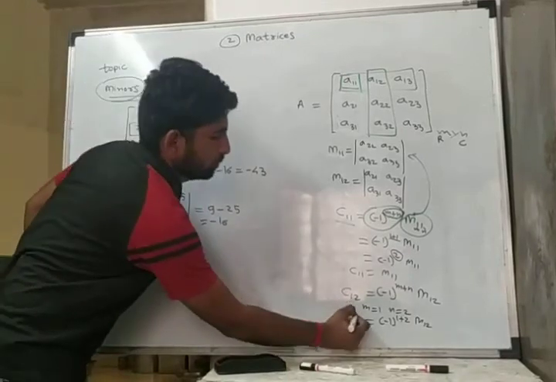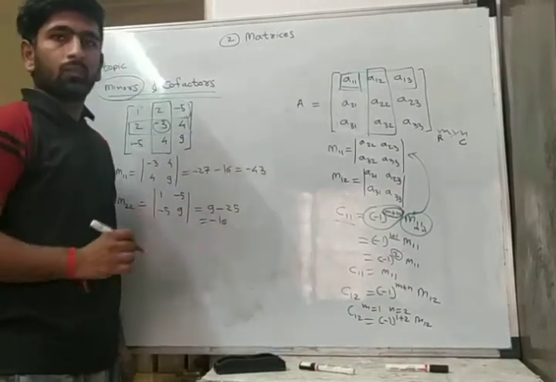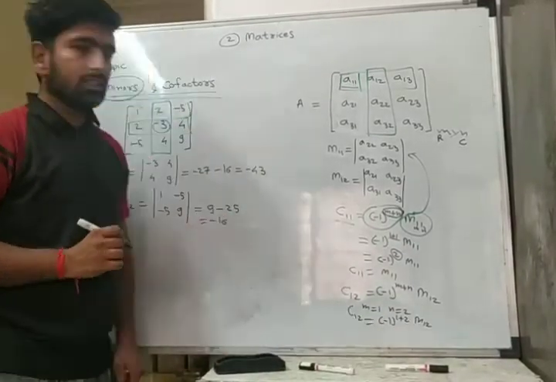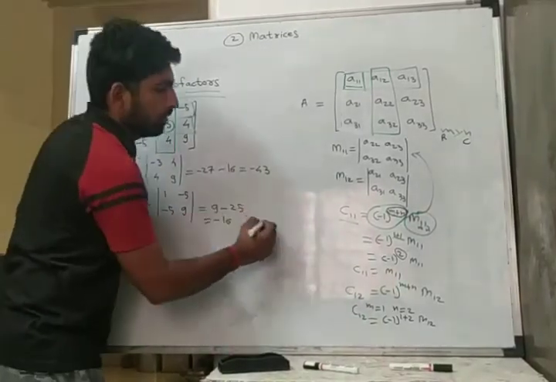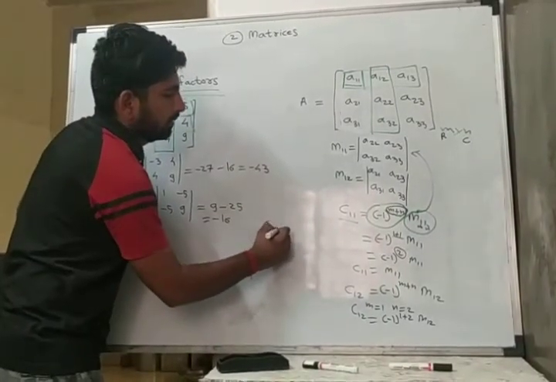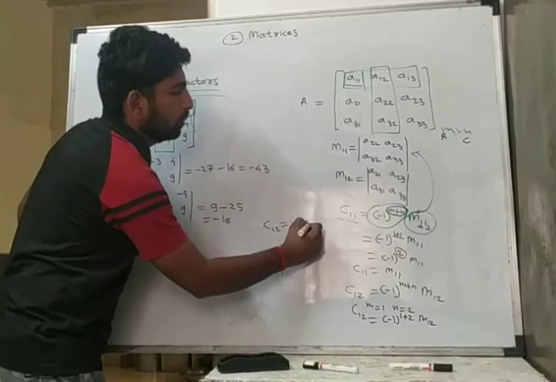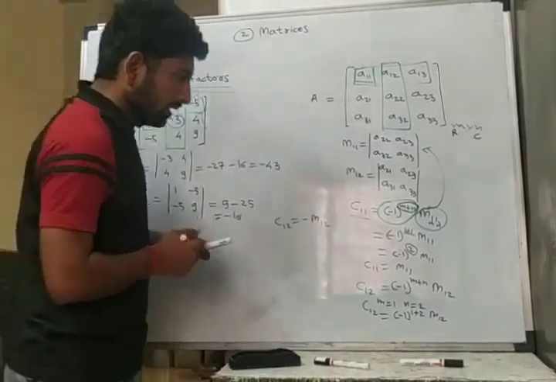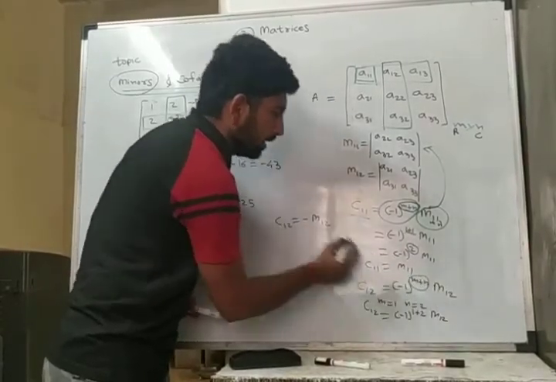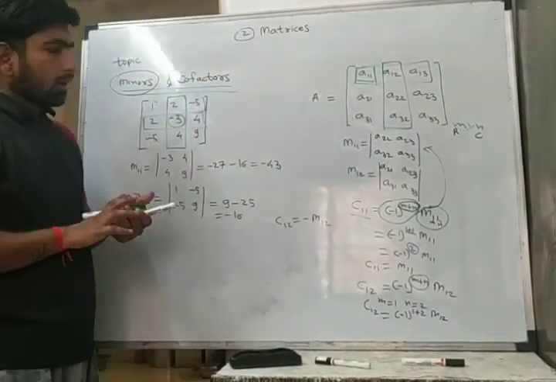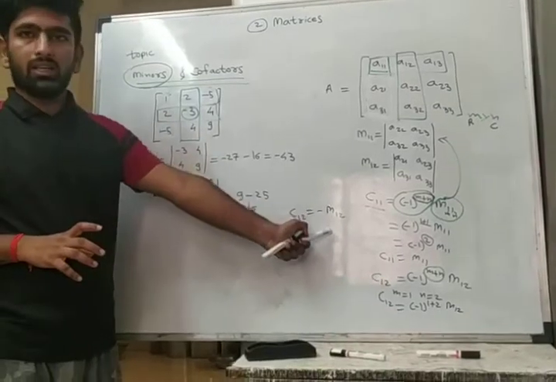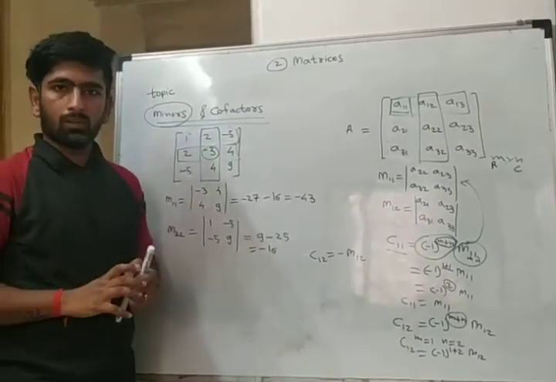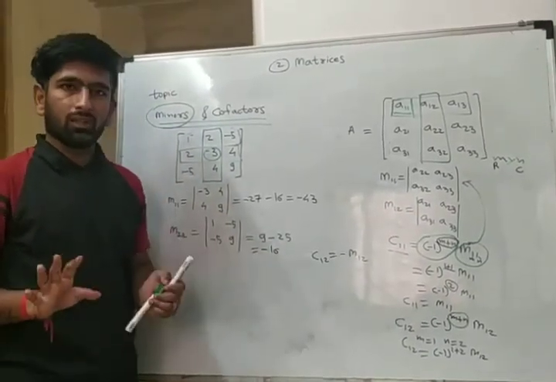Now 1 plus 2 is 3. The power of minus 1 is odd. Therefore it is minus M12. The observation says that if m plus n is odd, then cofactor equals minus minor, meaning only the sign is different.